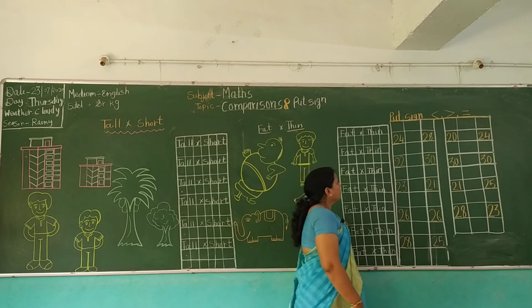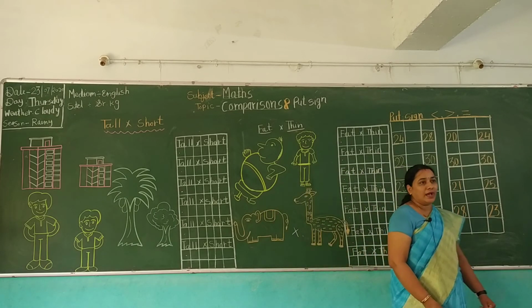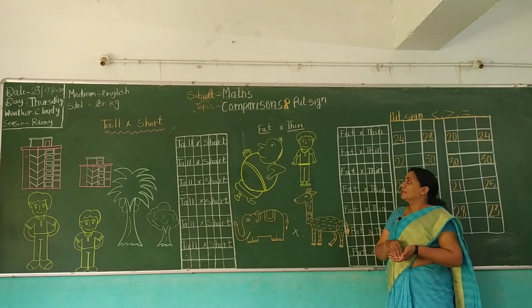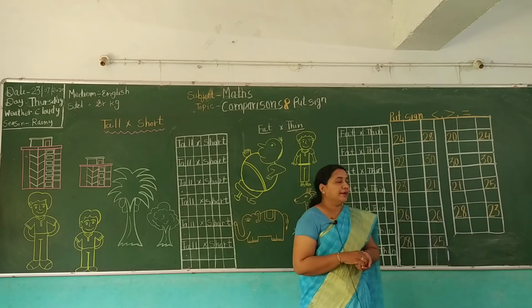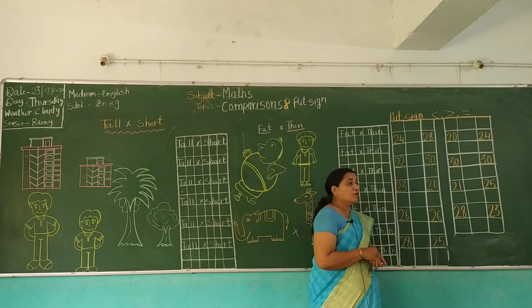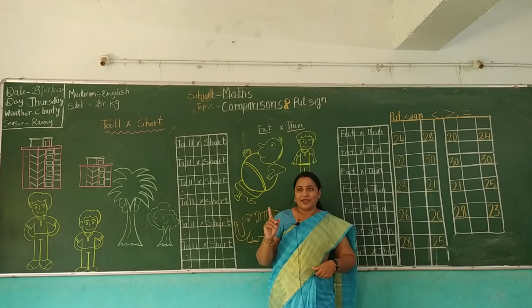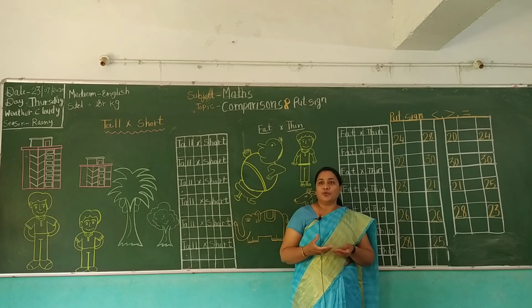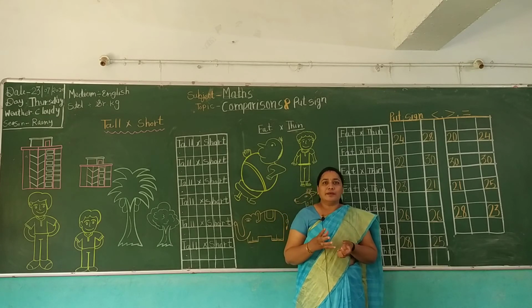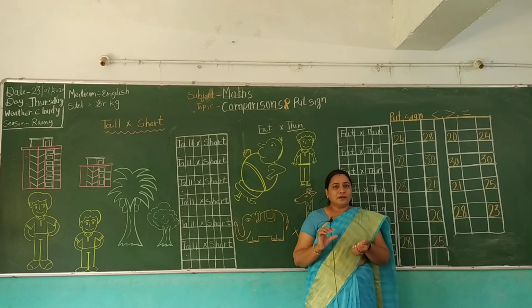Now children, one more thing I am going to teach you today: put sign. I have given more than one example in the last revision video. One crocodile wants every time the bigger number and does not like the small number.